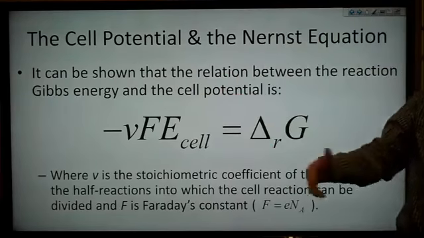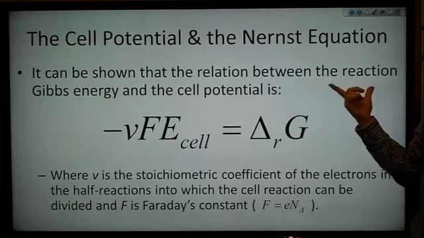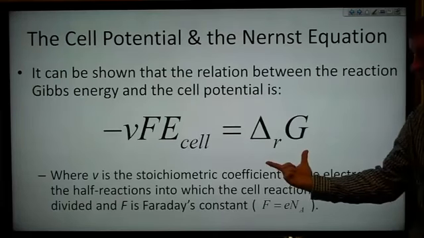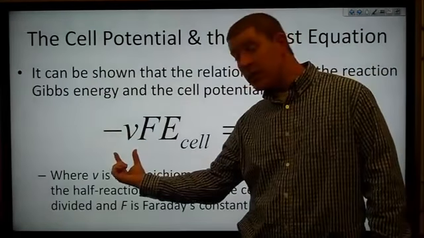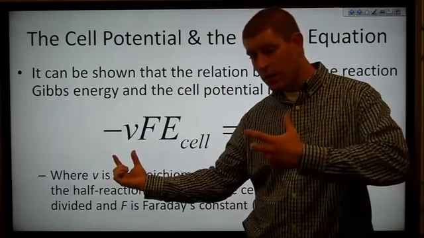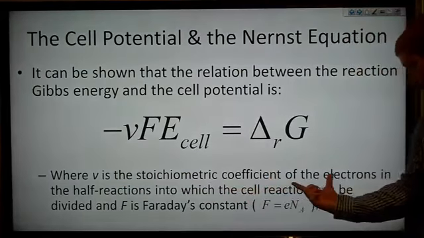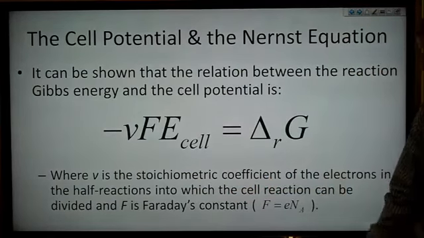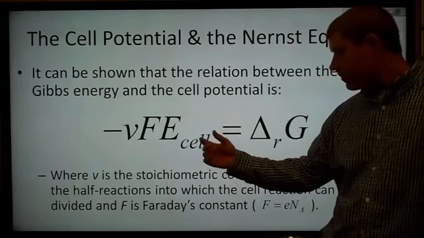And so in the book, it can be shown that the relation between our reaction Gibbs energy, delta RG, and the cell potential looks like this. So we have minus V, where V is the number of electrons being exchanged in the reaction. That's our stoichiometric coefficient of electrons in our half reactions.